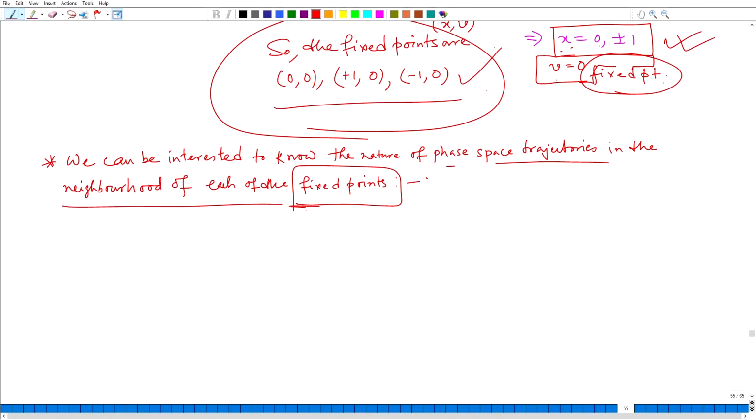Okay. So, for this system you have 3 fixed points, and I want to know what will be the phase space trajectory in the neighborhood of these 3. I first take this point 0 0.